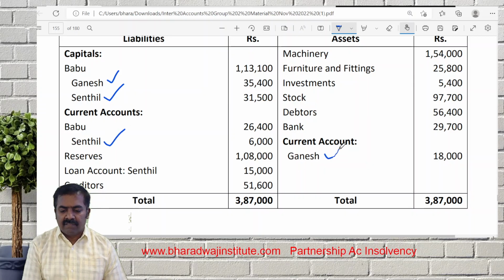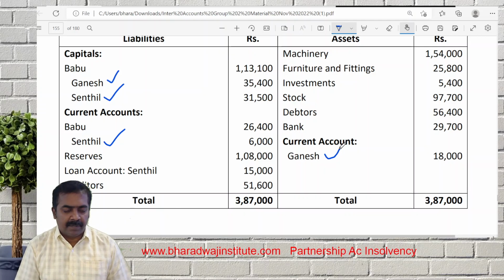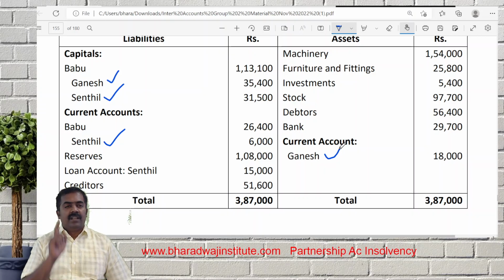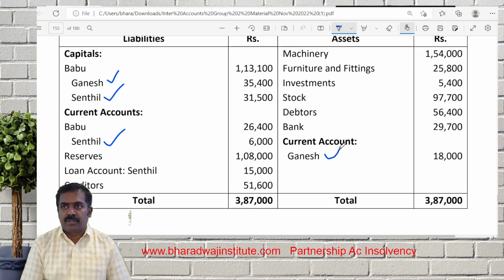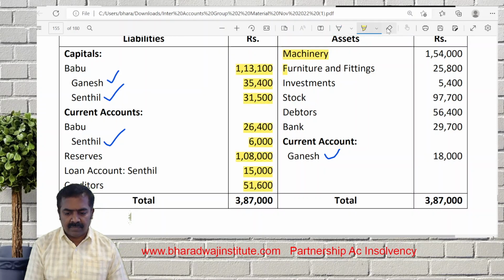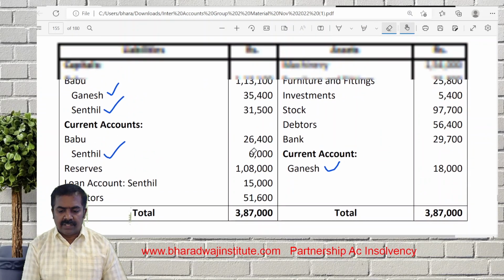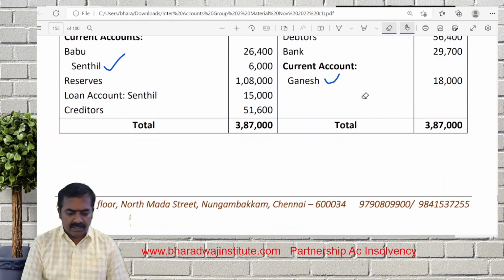Wherever current account is given, we already learned: fixed capital or fluctuating capital? Fixed capital. So listen, if there is a loss due to insolvency, it should be borne in fixed capital ratio, and the deficit is borne in that ratio. Then we are given reserves, loan account, creditors account, all those things.